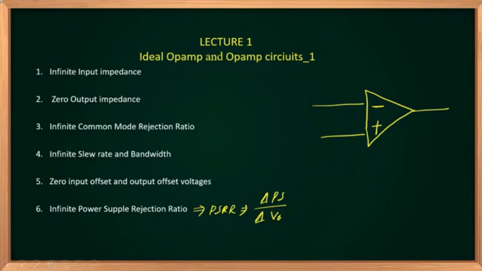Fundamentally, you have three terminals: non-inverting terminal, which we will denote by V plus, the voltage at the non-inverting terminal; inverting terminal, V minus, that is the voltage at the inverting terminal; and there is an output signal line, out. These three lines are important while representing an op-amp in any circuit.